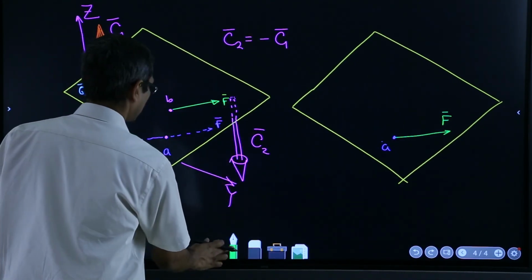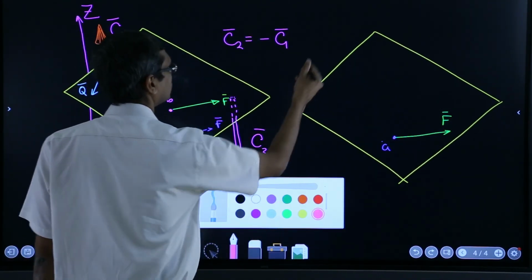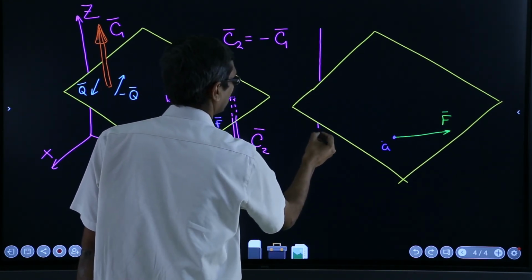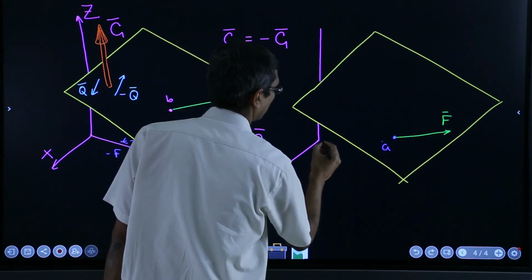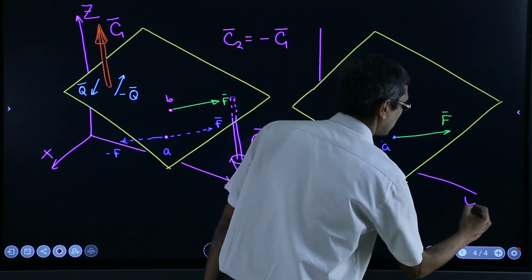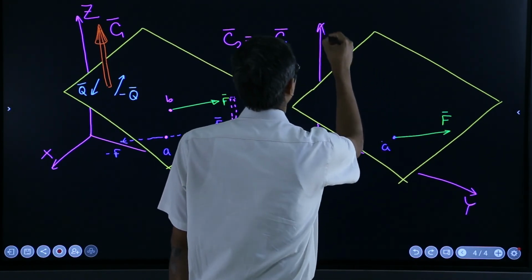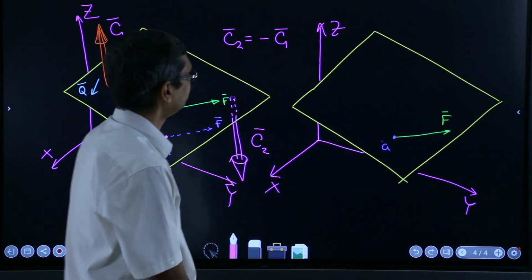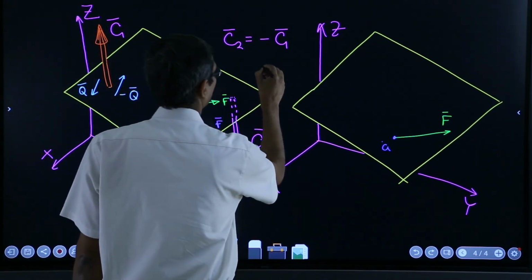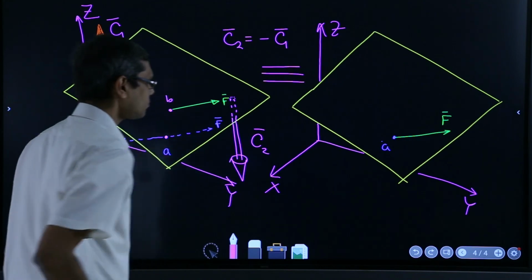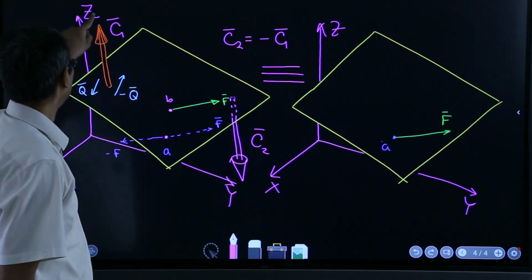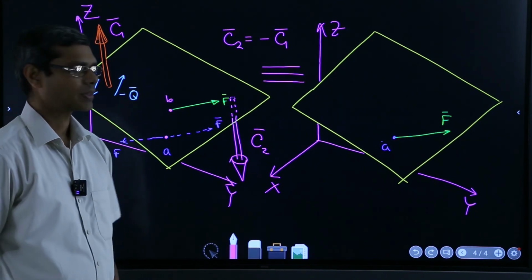Now, I'll draw the axes, so that you feel that they are the same thing. Okay, X, Y and Z. Now that means these two are equivalent. In the initial case, there was a force and a couple moment C1.